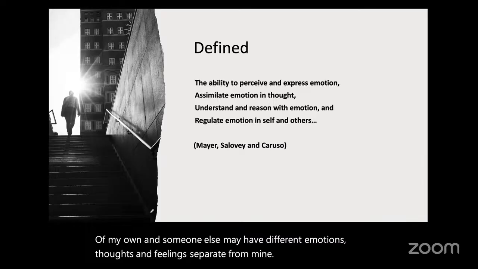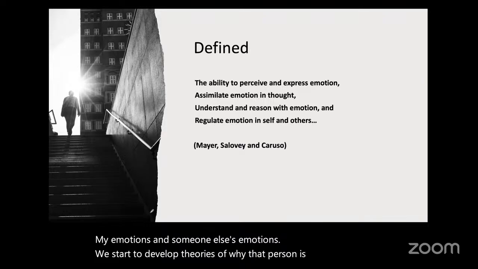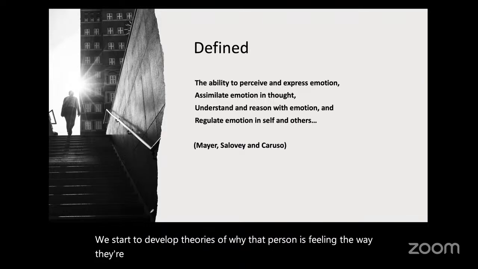And when we develop that separation between my emotions and someone else's emotions, we start to develop theories of why that person is feeling the way they're feeling and we're feeling the way we are.